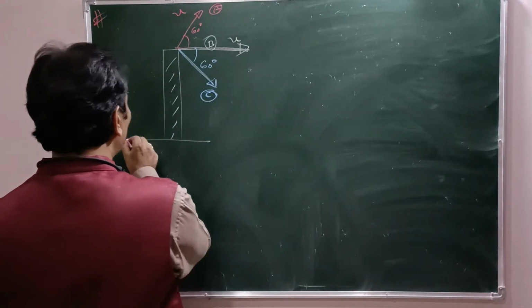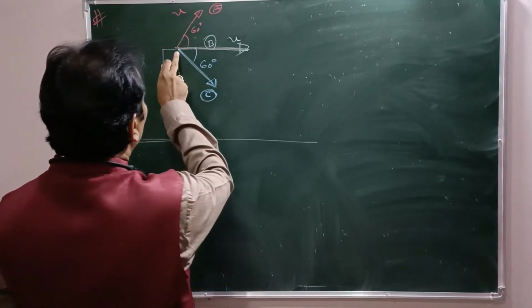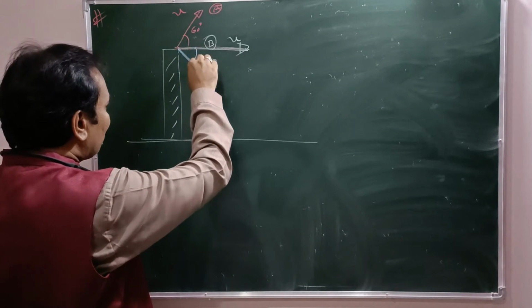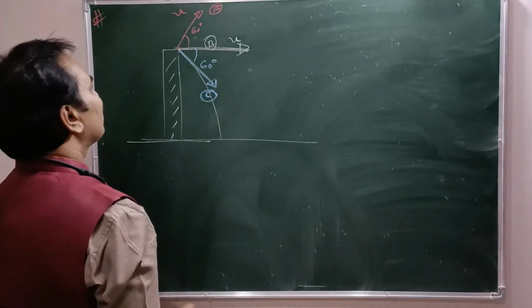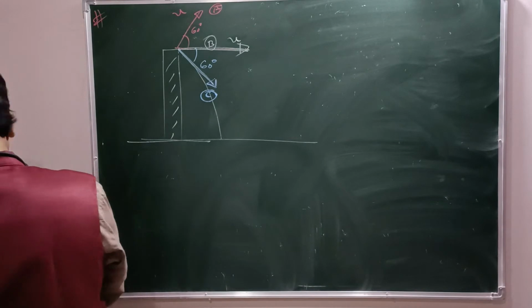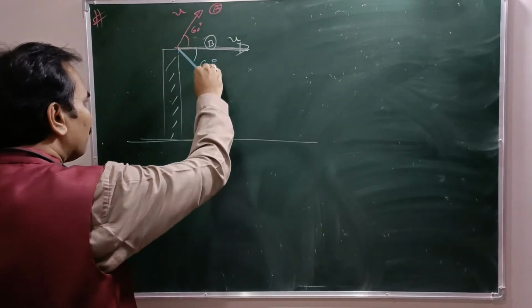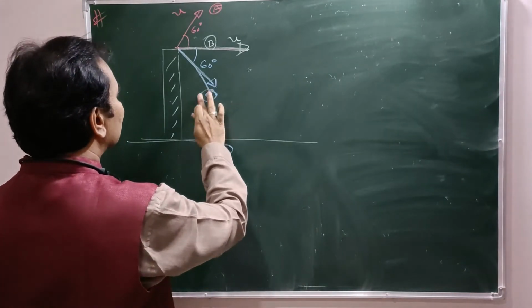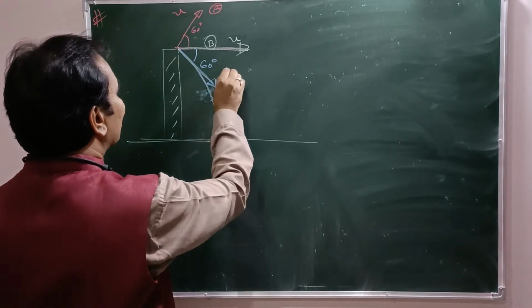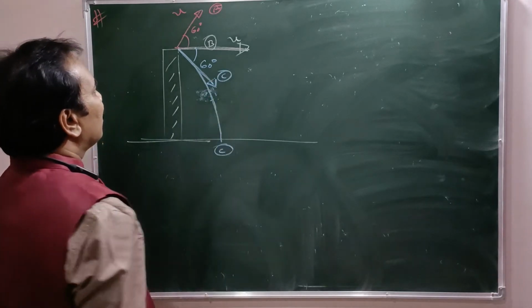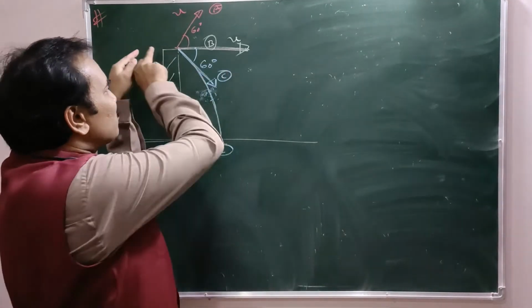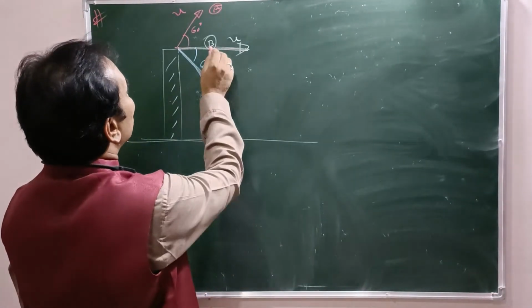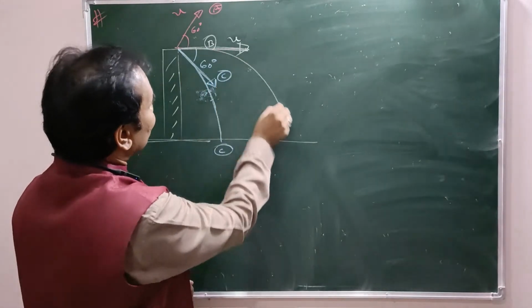Even though it is projected like that, because of gravity it takes a parabolic path like this, for example. This one, in blue, is projectile C. Now projectile B is a horizontal projectile, so it takes a parabolic path, in white chalk, and strikes somewhere.